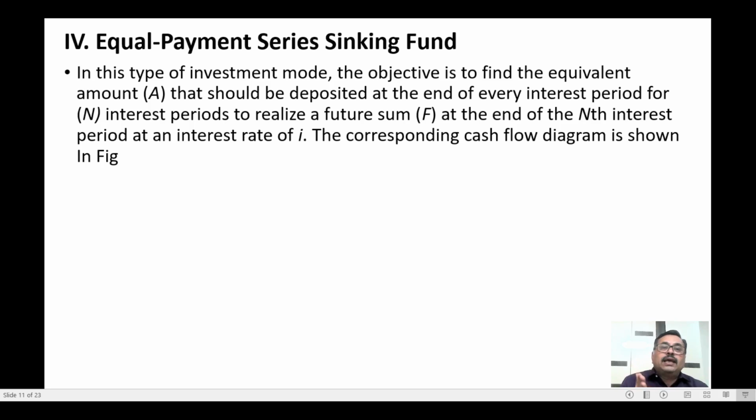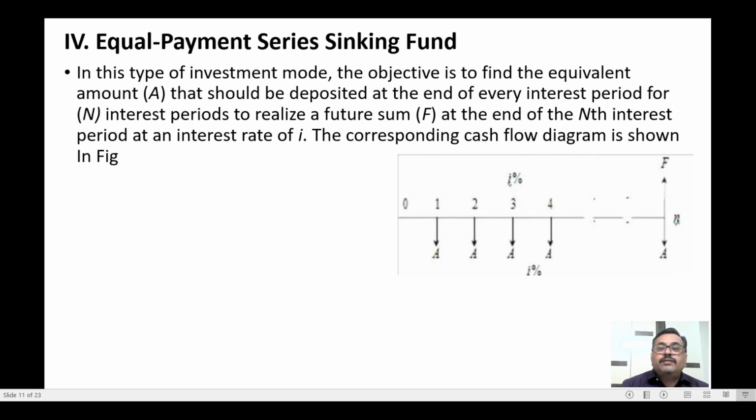A we have to calculate, that should be deposited at the end of every interest period for n number of interest periods to realize the future sum, that is, to get something around 10 lakh rupees after 10 years, how much I have to pay now? That is what we have to calculate here by knowing the interest rate I.